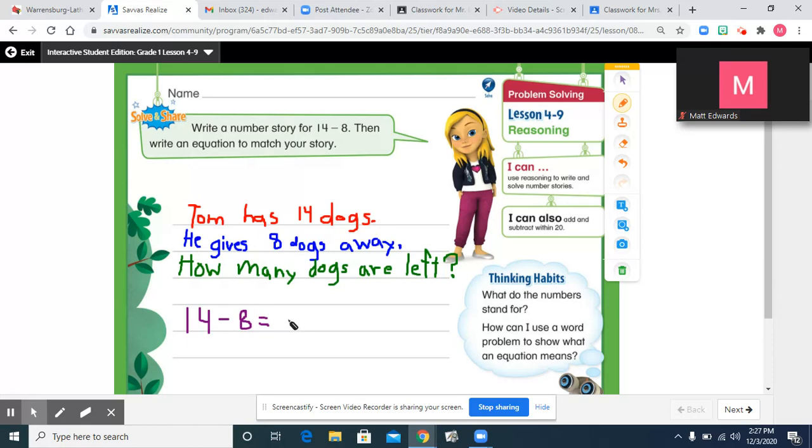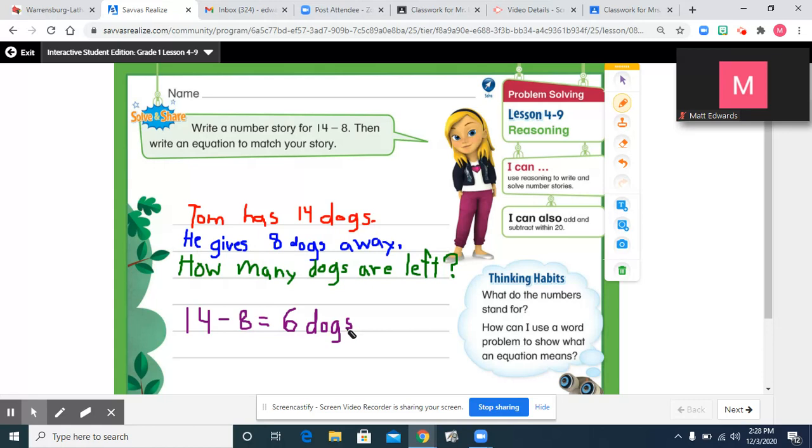And if you did 14 minus 8 on your number line or number grid or in your head, you know that 14 minus 8 equals 6. So, how many dogs does he have left? He has 6 dogs left.